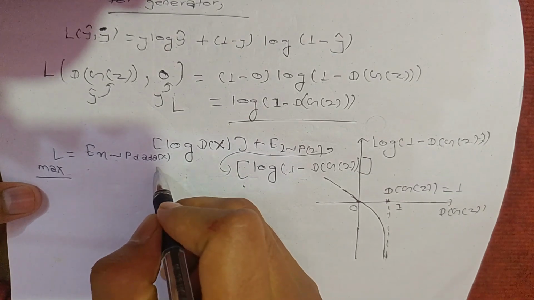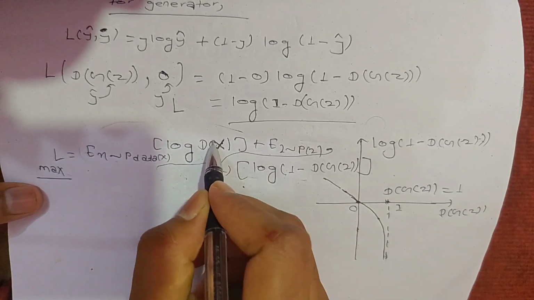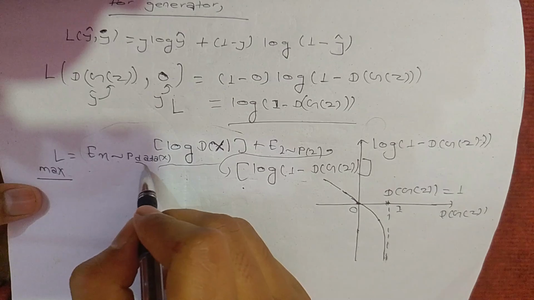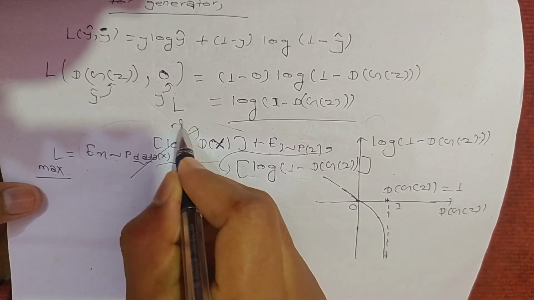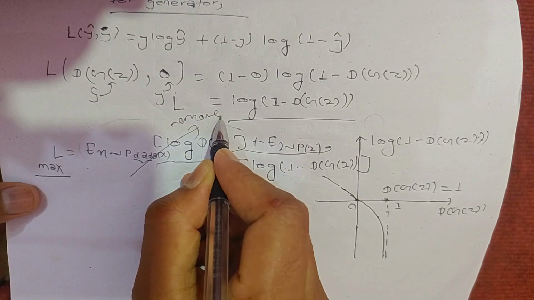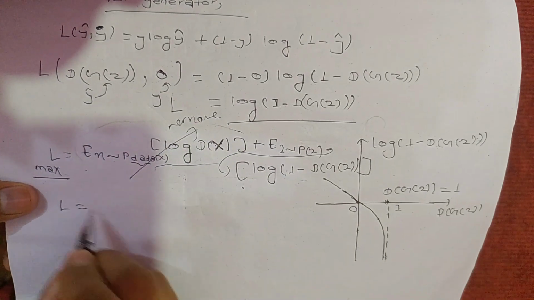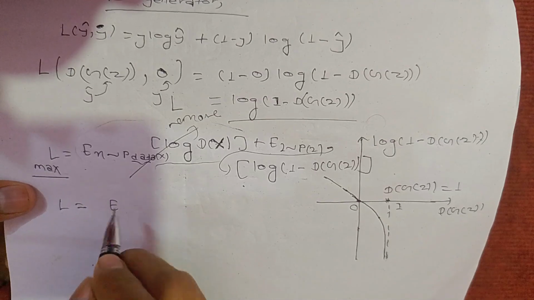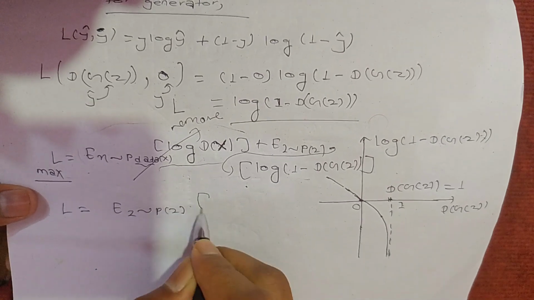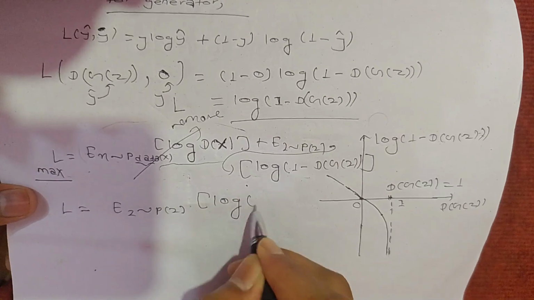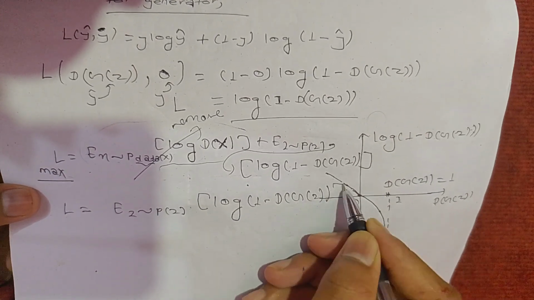This value is not available. D of x means real data, x means real data, so we do not have access to real data. So we will remove this term, and we are left with E, z sampled from p of z, log of 1 minus D of G of z.